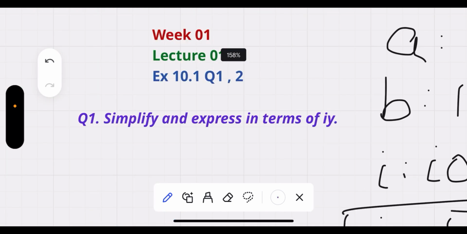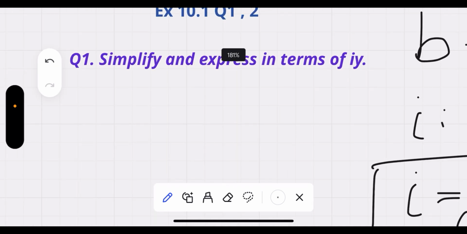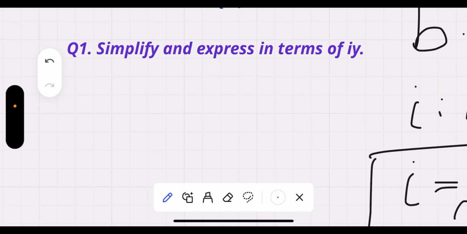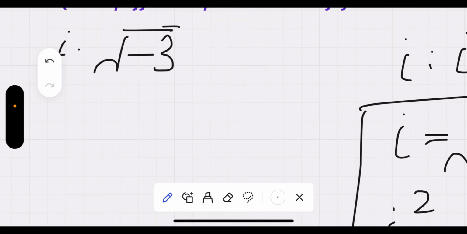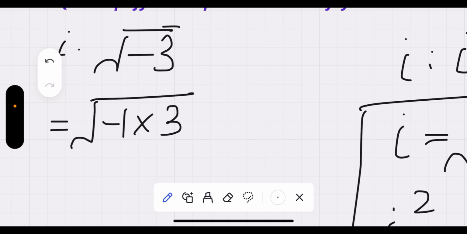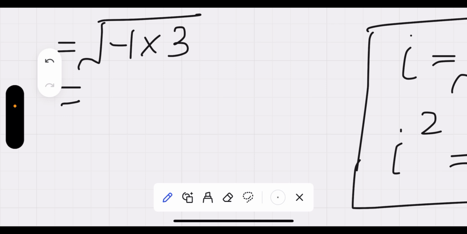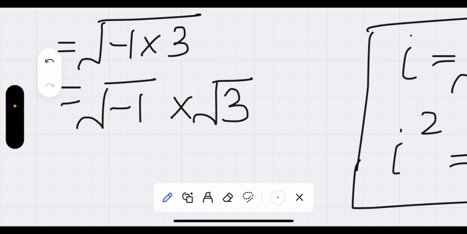Our first question, which is our main topic today: simplify. Question number 1, simplify and express in terms of iota. Part number 1 is square root of -3. We have to write it in the form of iota. Since it is square root of -3, we can write it as square root of -1 multiplied by 3, which can be written as square root of -1 multiplied by square root of 3.